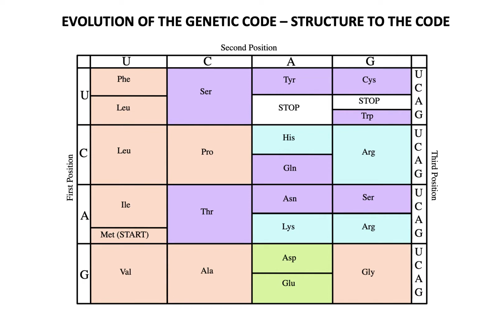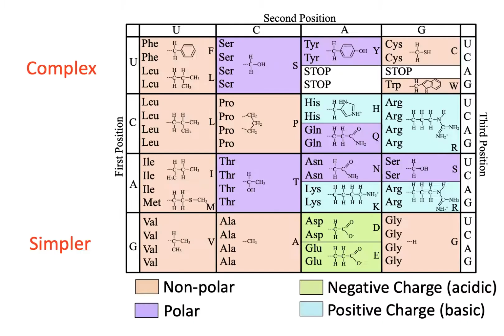and the process of translation of mRNA into protein. So this is the same genetic code, but a few details have been added. If you look down here in the bottom row, you can see that these R groups on these amino acids are very basic and simple. Here's valine with 3 carbons, alanine with only 1 carbon, glycine just has a hydrogen, no carbons, and then aspartate and glutamate have 2 and 3 carbons between them.